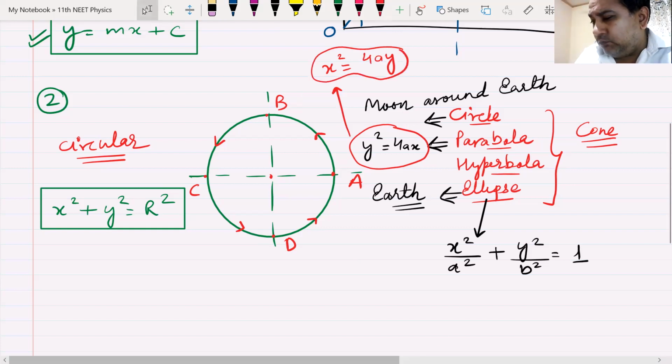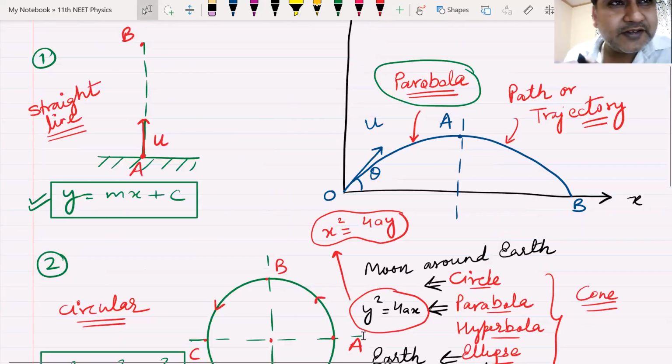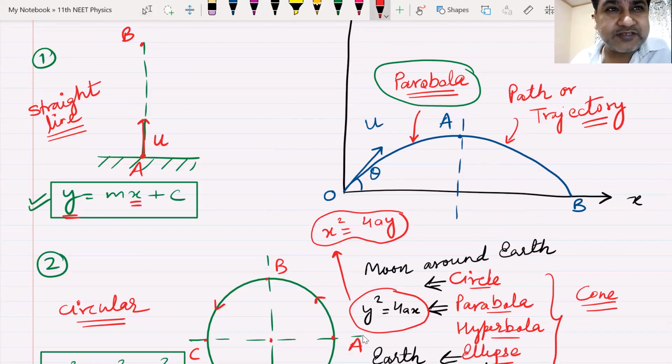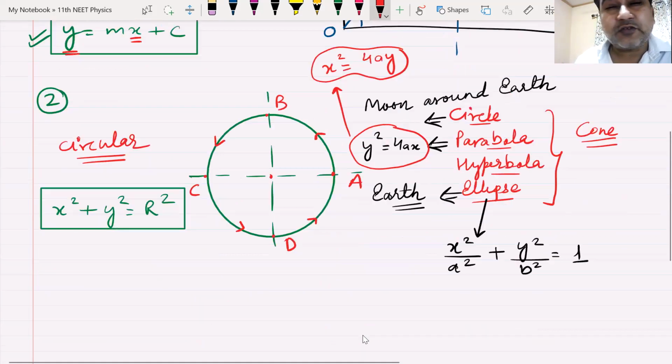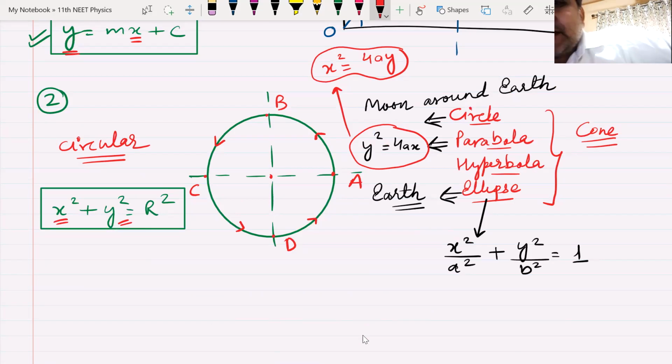Now, if you look at the various equations, for a straight line, y and x, their powers are same. The power is 1. Are you getting my point? For a circle, their powers are same. Powers are 2. Their coefficients are also same.